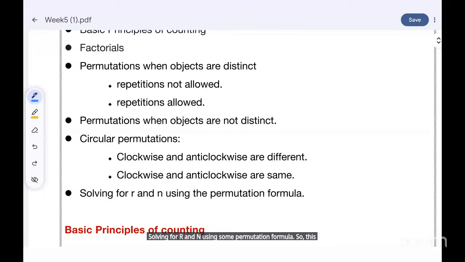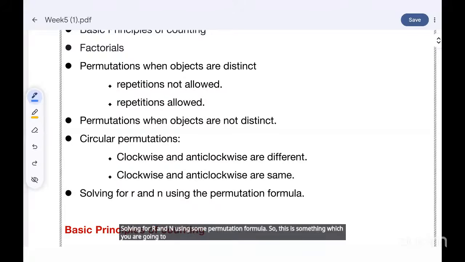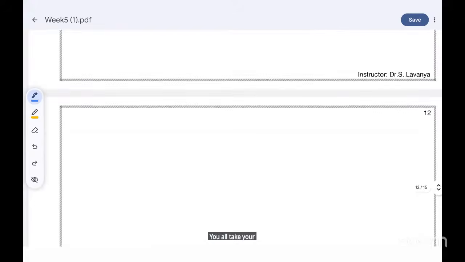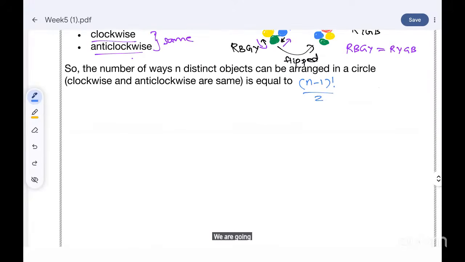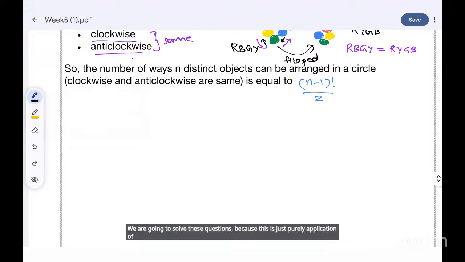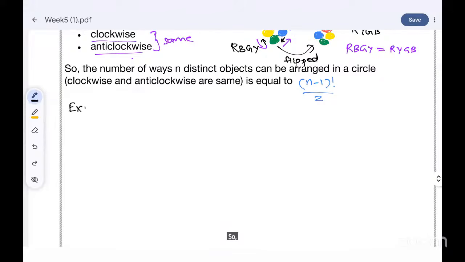So this is something which you are going to try yourself. I'm going to give you the questions. You all take your paper and pen. We are going to solve these questions because this is purely application of formulas. So everyone take your paper and pen, try to simplify them and figure out the values of N or R based on the questions.